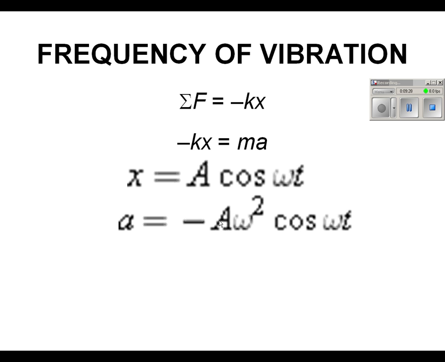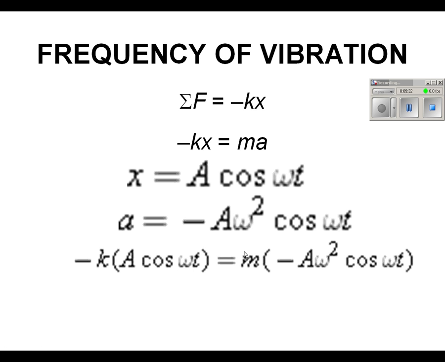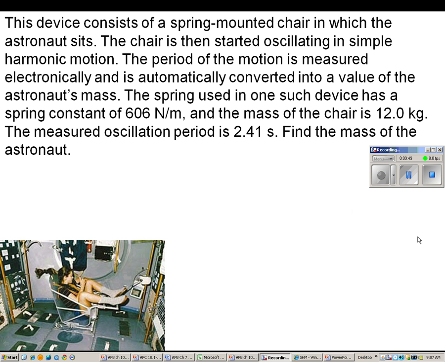Acceleration is negative A omega squared cosine omega t, plug that in right there. We end up with this here. And when we cancel out our cosines and rearrange our equation, solving for omega, we end up with another equation for angular frequency: the square root of k over m.